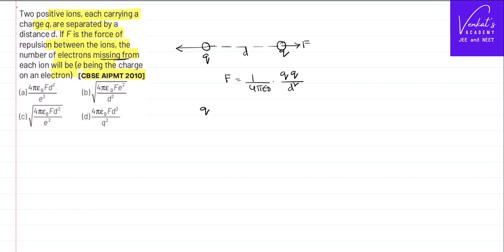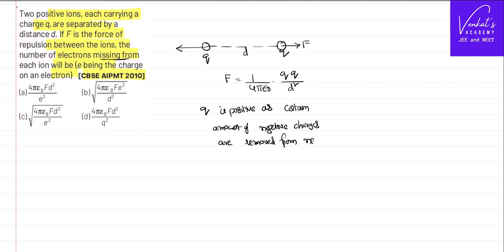So q is positive as a certain amount of negative charge is removed from neutral. So q is as much positive as the number of the electrons that are removed from it, right?